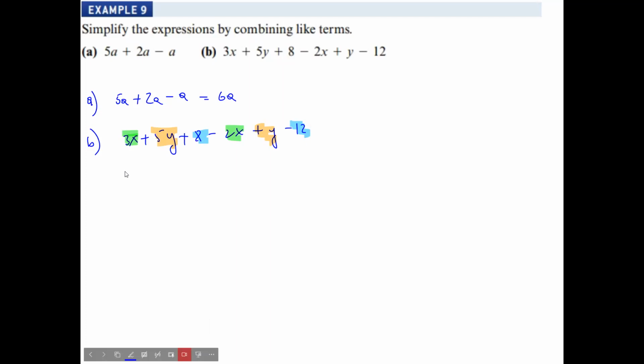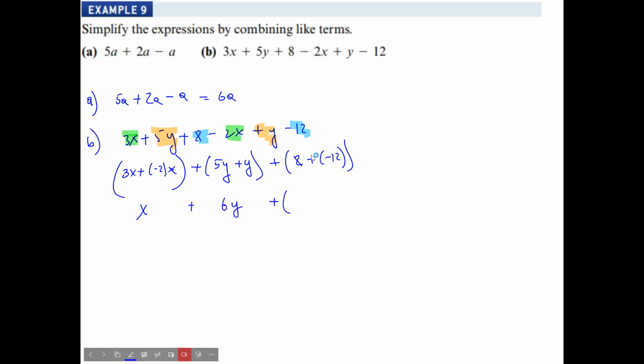So what we do, we take 3x plus minus 2x, plus 5y plus y, plus 8 plus minus 12. So what I have, x plus 6y minus, or plus, what is it, minus 4? And finally, x plus 6y minus 4.